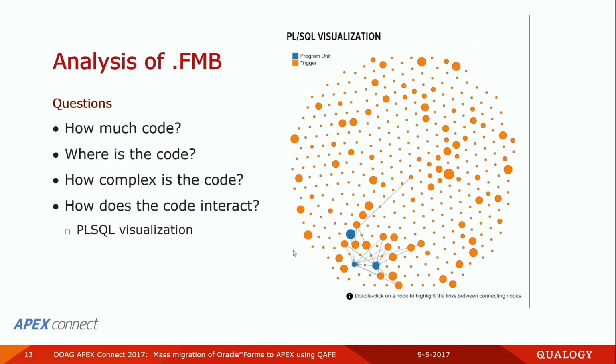And this is the very best one. You get a live tool from all the triggers and functions in there. Although it doesn't say anything, I will show it live to you within a few seconds. You can see for every dot is a piece of code. It's either a trigger in the form, a trigger in the FMB, or it's a program unit being called from the form, which is either in the form or in the database.